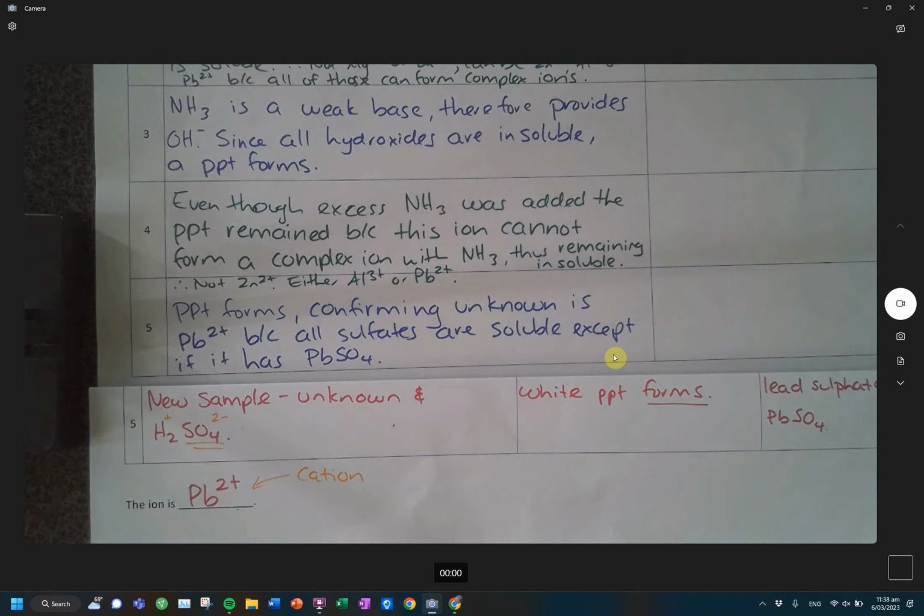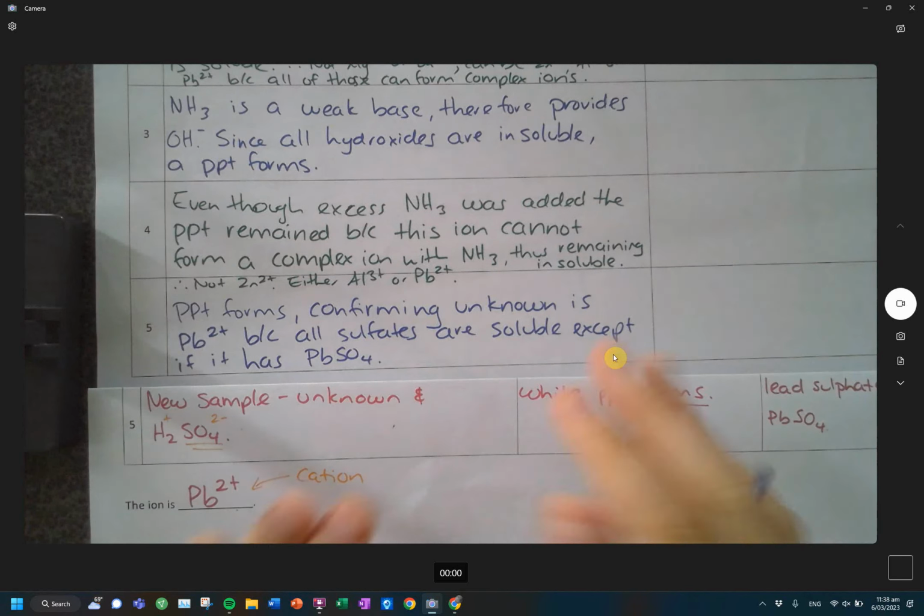And if you want to put an extra note just to make sure, you could say that aluminium sulfate would be soluble.